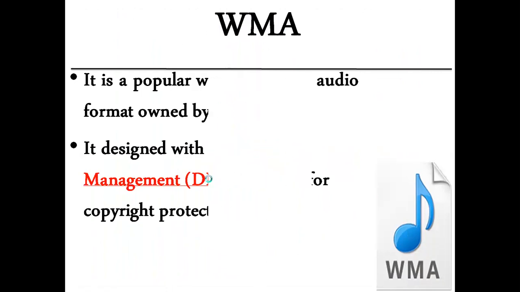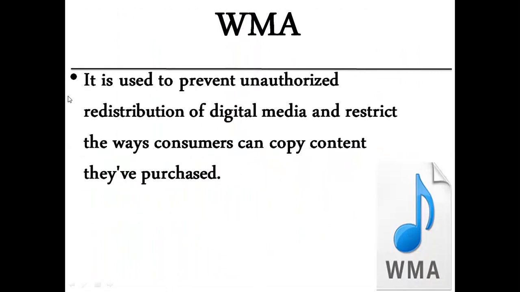What is DRM? It is used to prevent unauthorized redistribution of digital media and restrict the ways consumers can copy content. That is, once this audio file is used by a consumer, he cannot misuse it by passing it to other consumers.